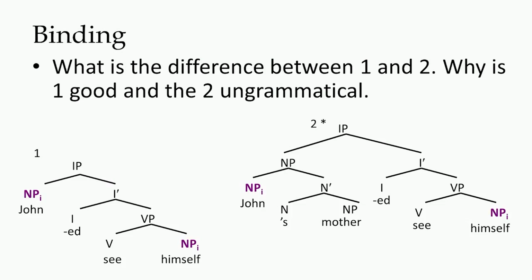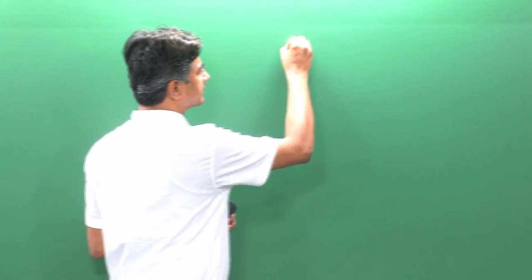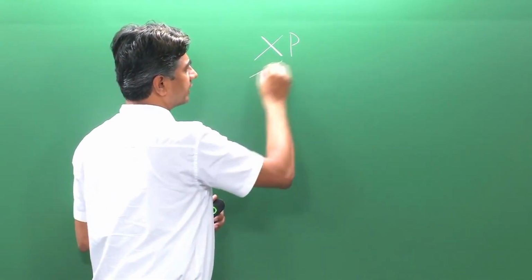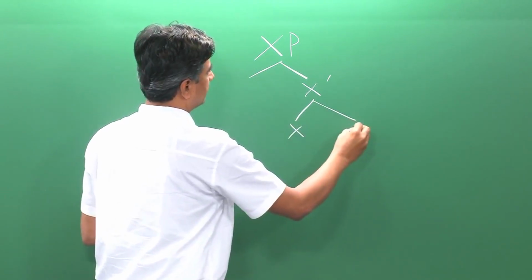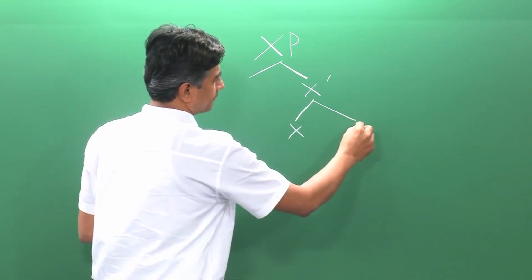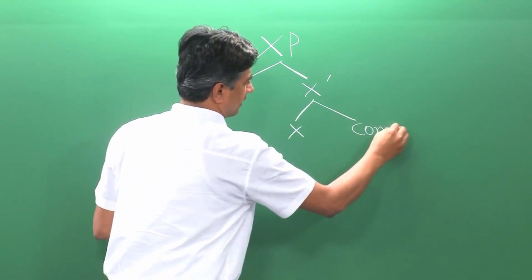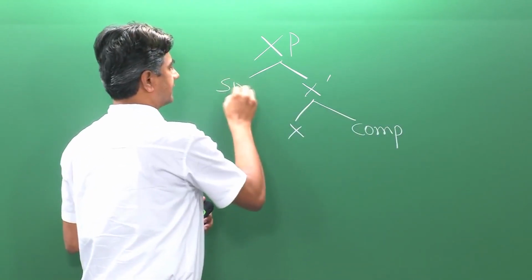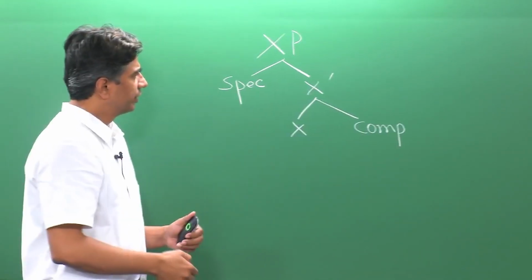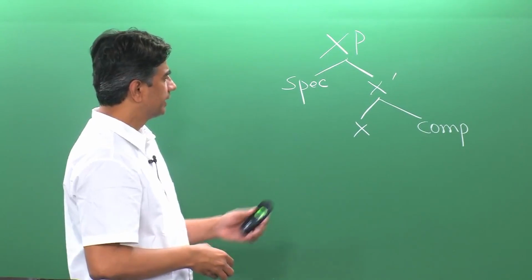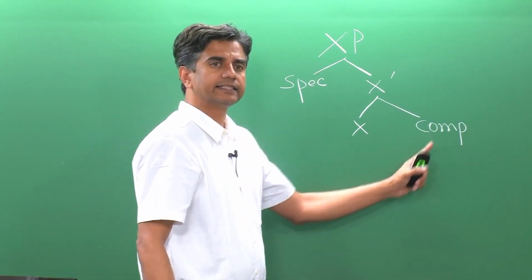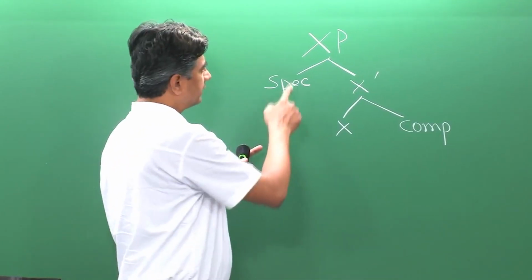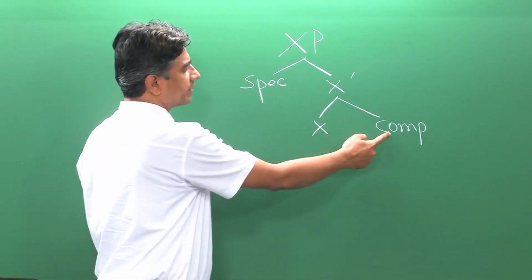To talk about the notion of C-command, once again what we are actually saying is, if we have an XP and we have X, then in such a configuration we are trying to say that X C-commands this one. At the same time we are saying this spec C-commands this one too.